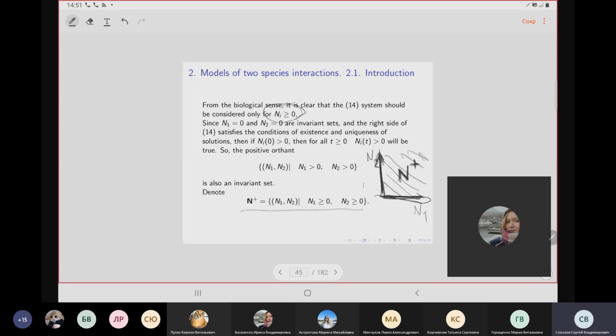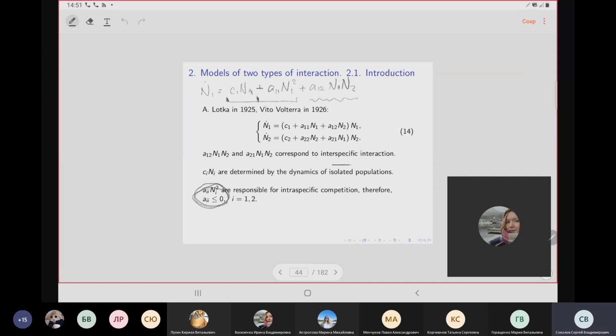What more is interesting? Let us look at the equation. We see that there is a product of some quantity and N1, and a product of some quantity and N2, so the line N1 is 0 and N2 is 0 is an invariant set. If the population becomes 0 at some moment, it will remain 0 because N dot is 0.